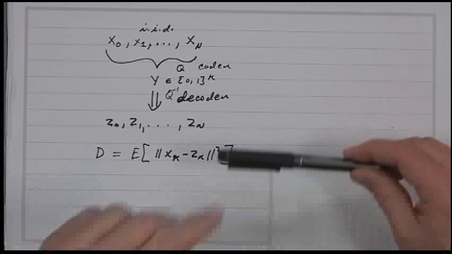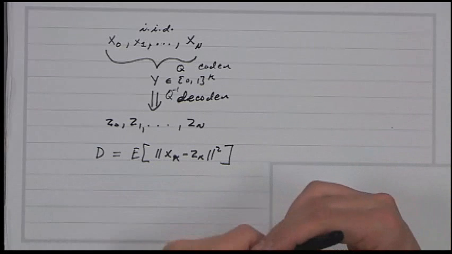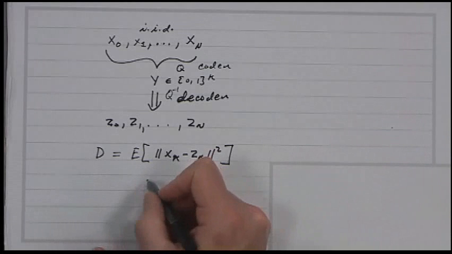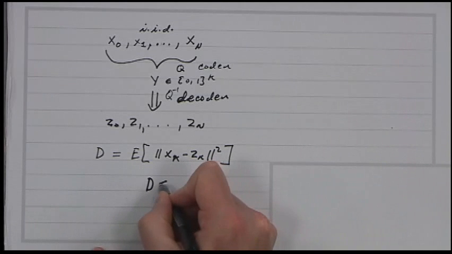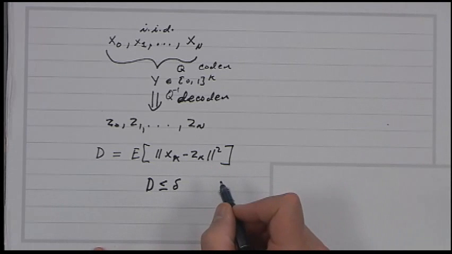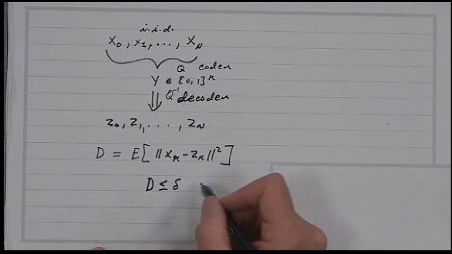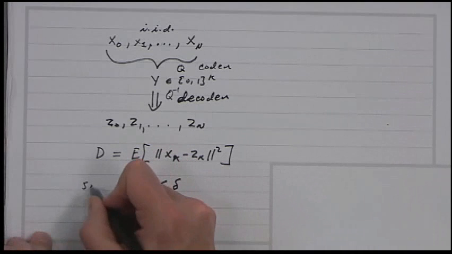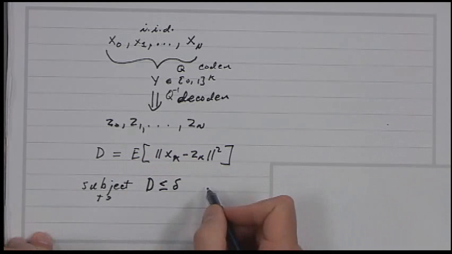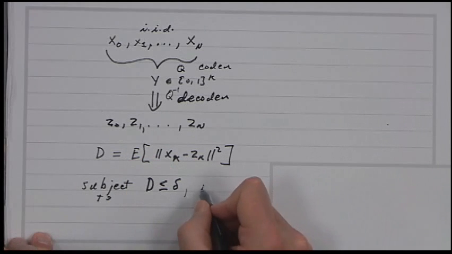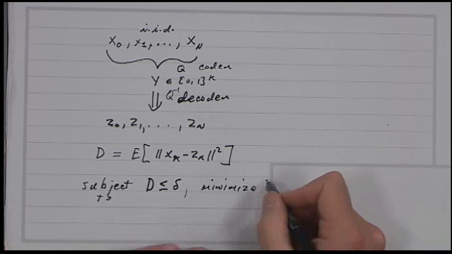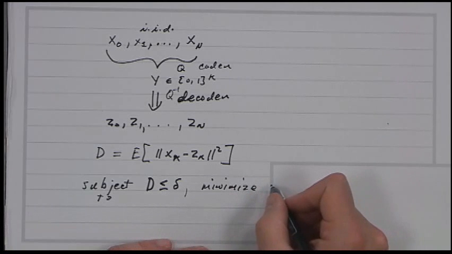Now what you really want to do is a constrained optimization problem. You want, for a coder with a distortion less than or equal to delta, subject to this constraint, to minimize the bit rate.